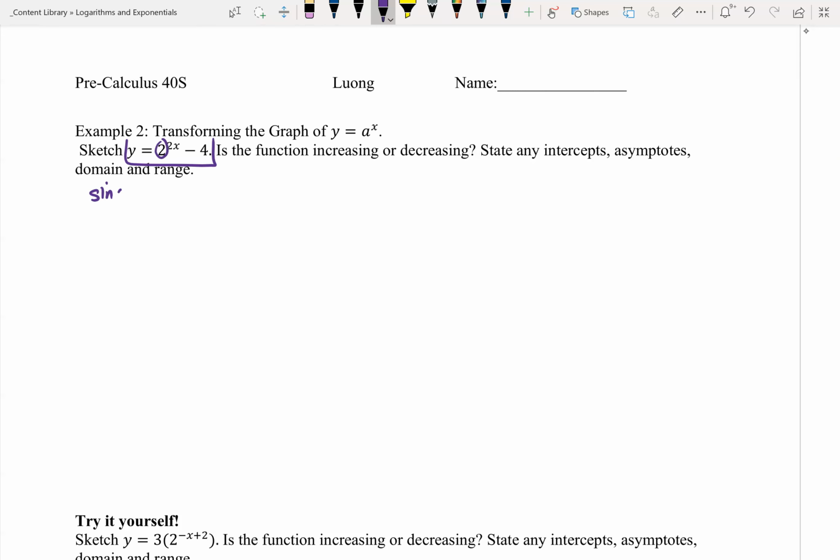So since our base a is 2, which is greater than 1, the function is increasing. Take a note that this may not always be true if you have a negative in front of the 2 to the power of 2x, because you have to reflect, and that could make your overall graph be a decreasing function.